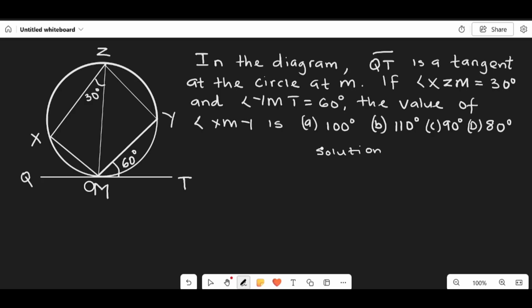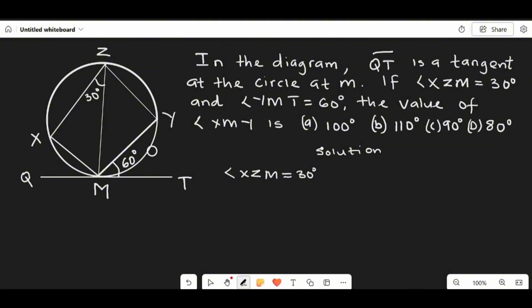In the question, we were given that line QT is tangent that touches the circle at M. Also, we were given angle XZM, which is 30 degrees. Angle XZM equal to 30 degrees.